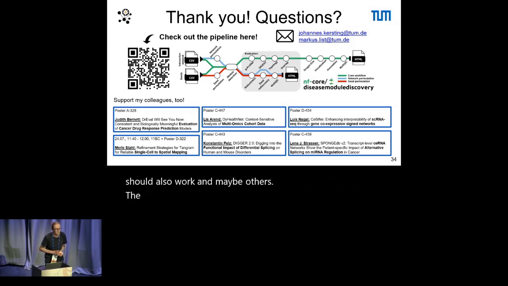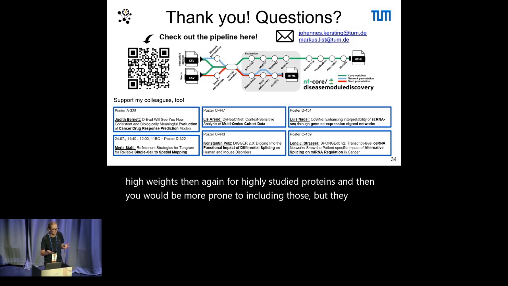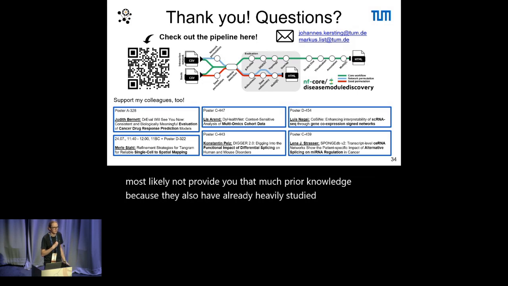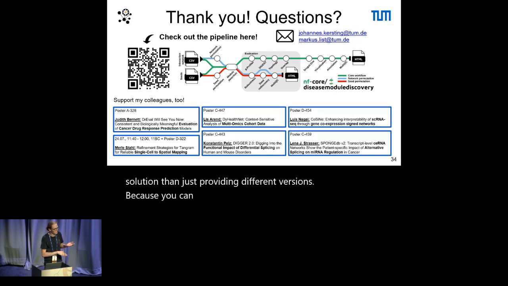The only thing I would be a little bit worried about is, again, research bias, because I would assume that you have the high weights for highly well-studied proteins, and then you would be more prone to including those, but they will most likely not provide that much prior knowledge because they are already heavily studied. But generally, something like this would definitely be a more elegant solution than just providing different versions, because you can also not go infinitely deep there regarding resolution. So that's something we should definitely think about.